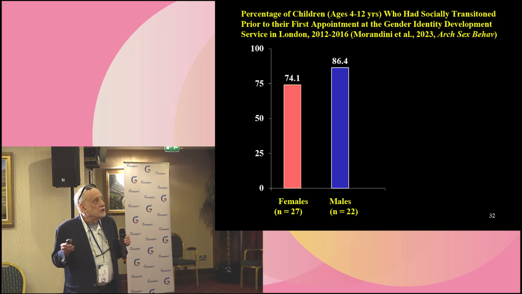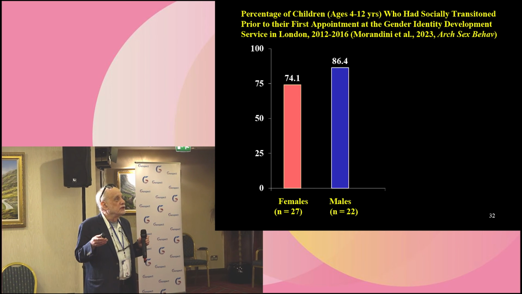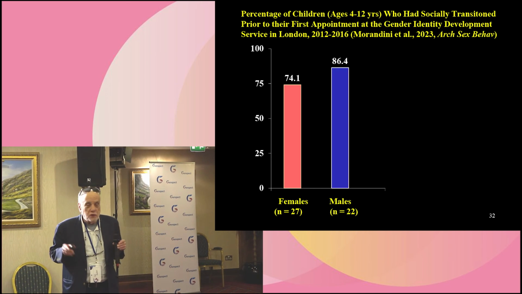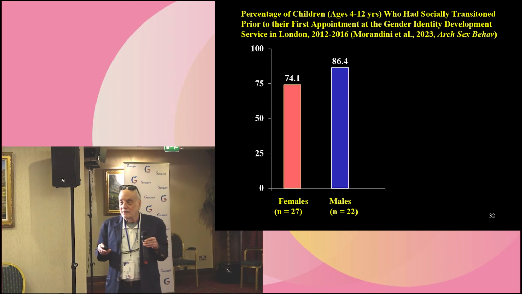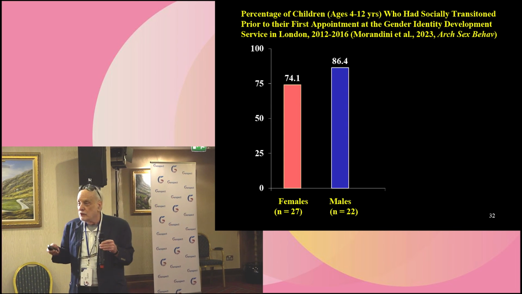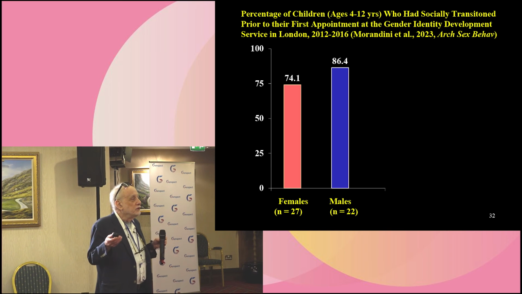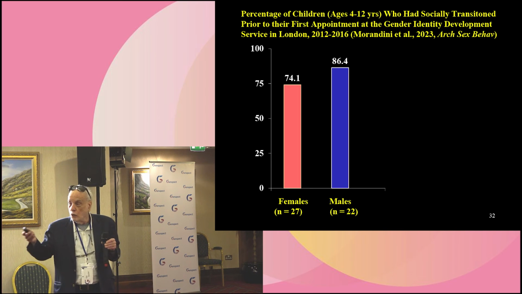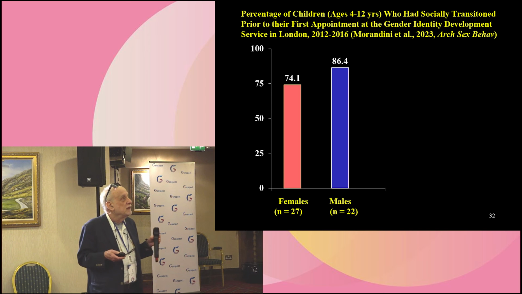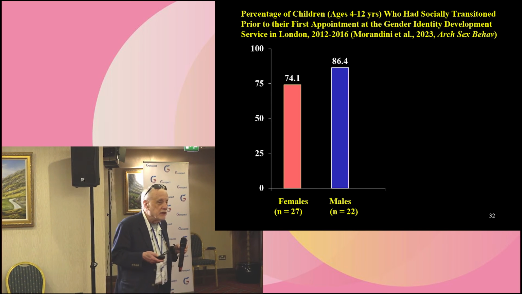Children ages 4 to 12 who had socially transitioned prior to their first appointment. And I look at these numbers and it's incredible compared to the older days. So of the 27 females, 74% had already socially transitioned, 86% of the males.